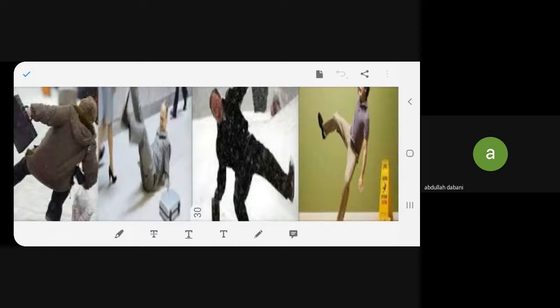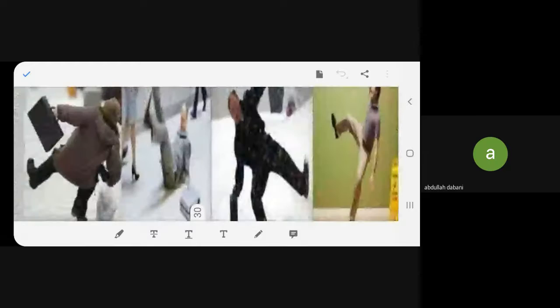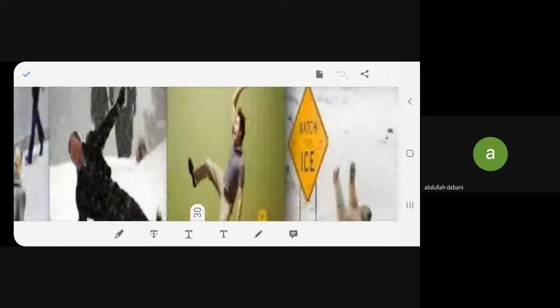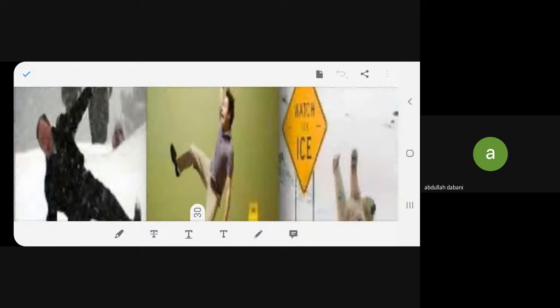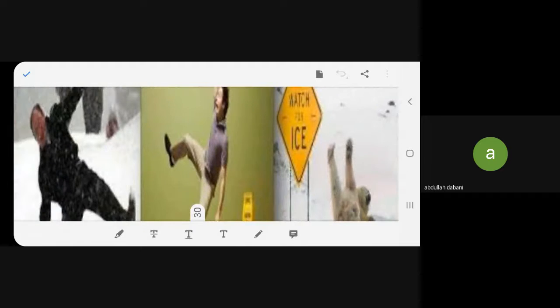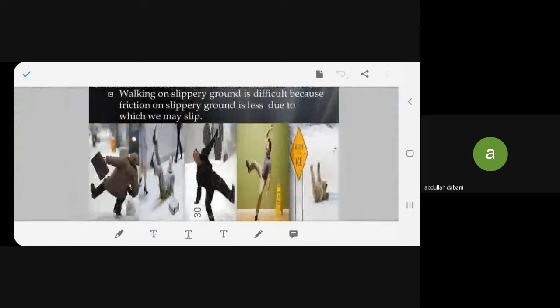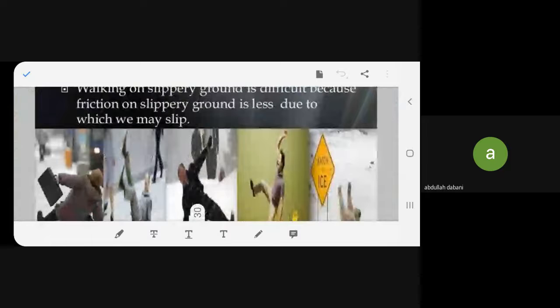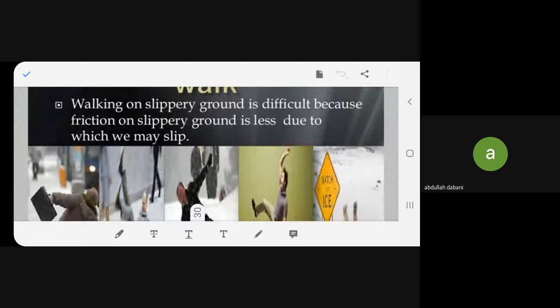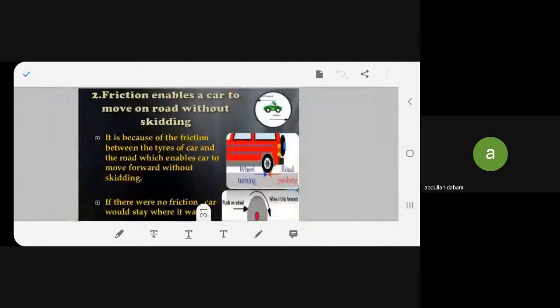You can see people falling on the ice road or the snowy road. You can slip because the friction is minimum or maybe zero. So slippery ground is very difficult. You cannot walk because friction is very, very less. Any problem, beta?